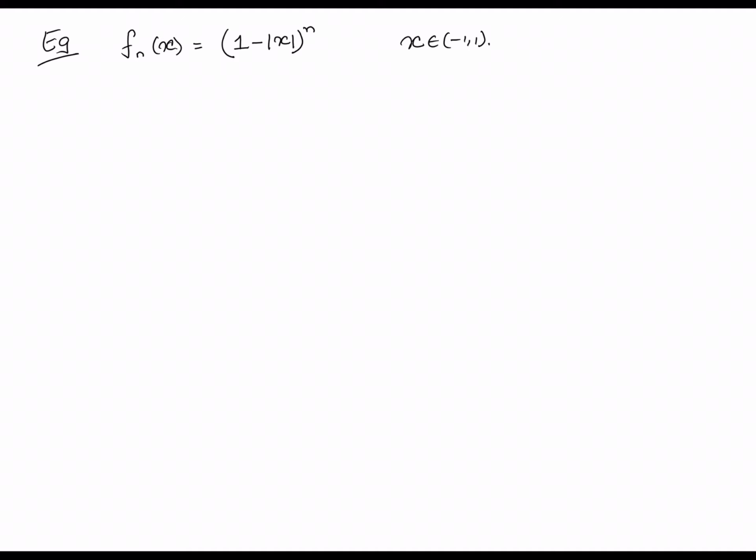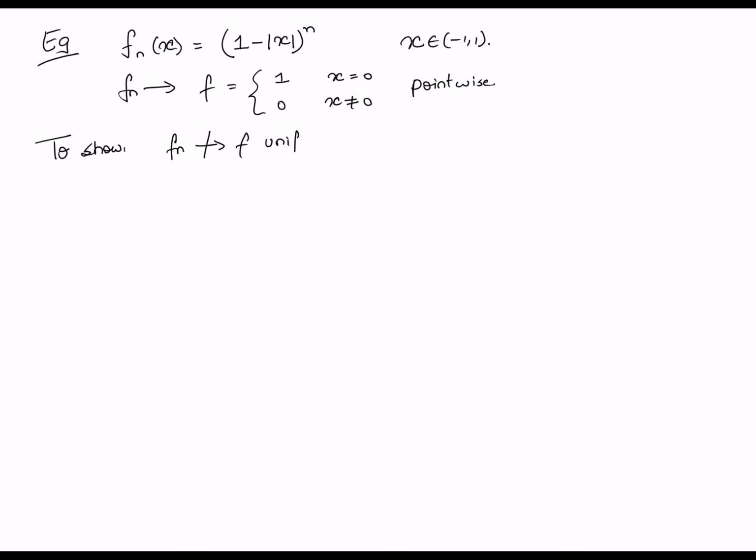Remember that fn tends to f, which is defined as 1 for x equal to 0, 0 for x not equal to 0, pointwise. So what we're going to do is show that fn does not converge to f uniformly.